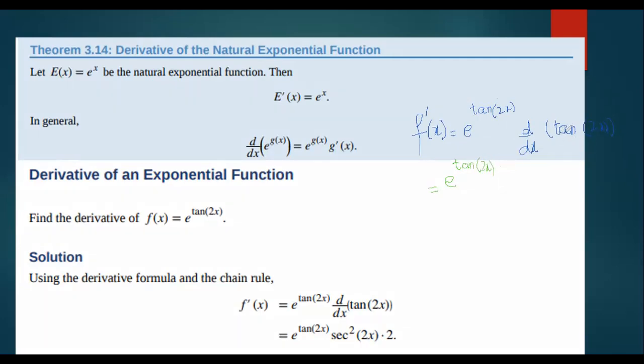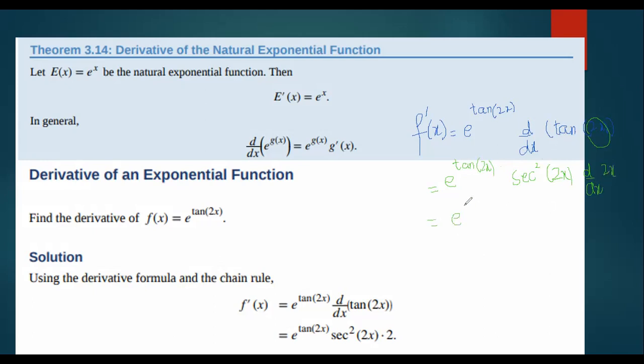The derivative of tan equals secant square x. So it would be secant square of 2x, then also taking the derivative of 2x, which is 2.